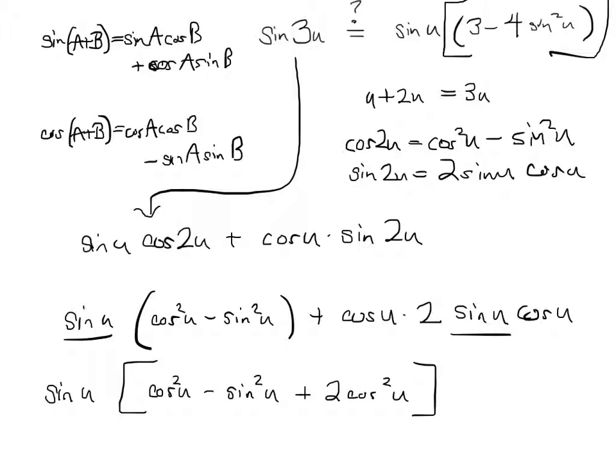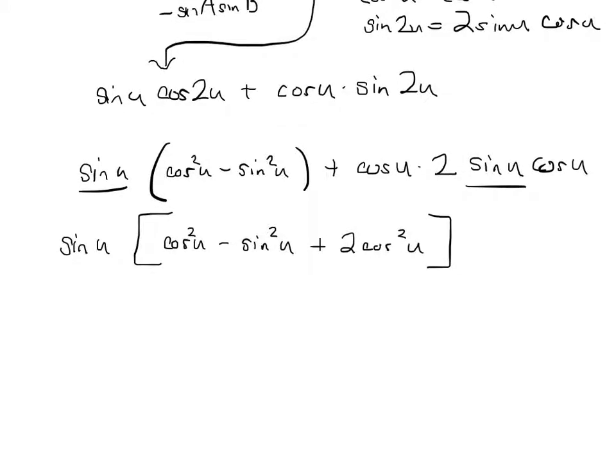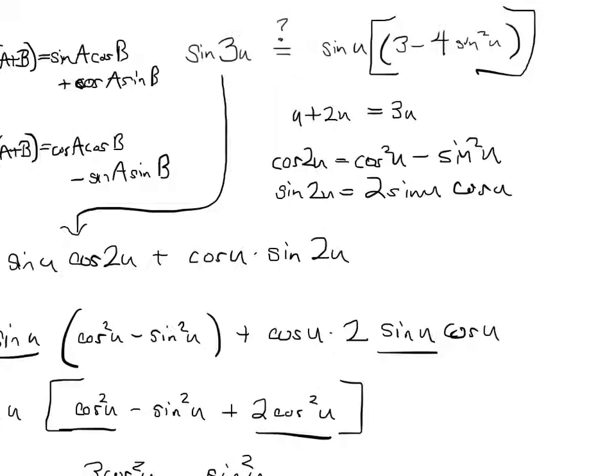Okay, so I see where you're going. You're saying this, yes, so we have 3 cosine squared u minus sine squared u. And if you look up at our answer here, everything's in terms of sine squared.